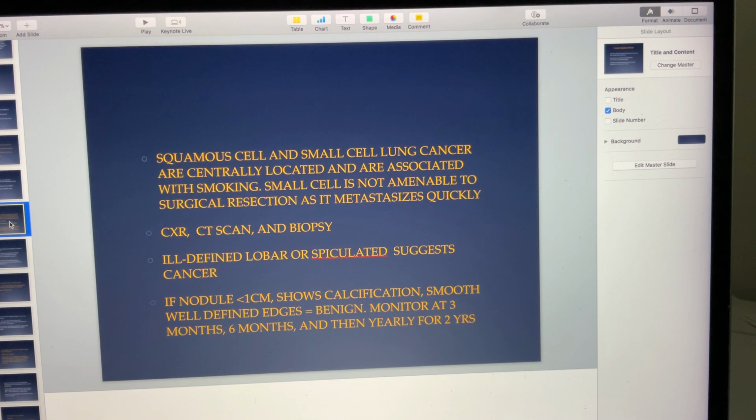And if the nodule is less than 1 cm or shows calcification, or it is smooth and well-defined edges, that is benign. So in that patient, you want to monitor these patients at 3 months, 6 months, and then every year for 2 years.